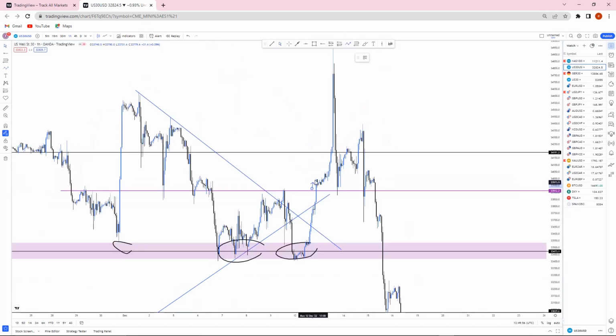So when the market broke out and did a very small retest, this is where I was looking for those entries. And just know that because this is a double bottom right here, the market will always want to go back to the first leg of the double bottom, or the double top if you see a double top. So that is what the market did with CPI.